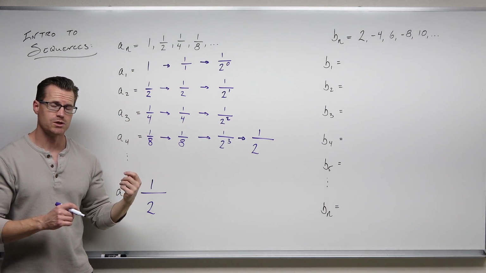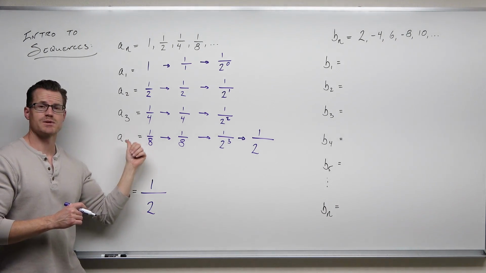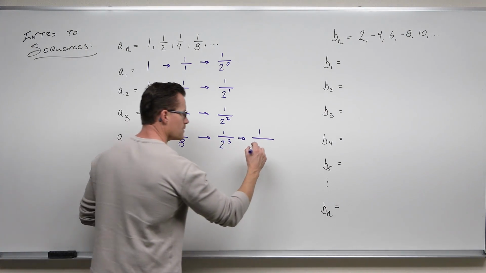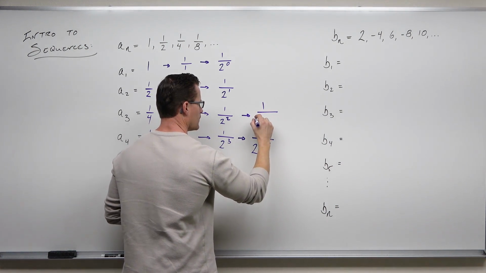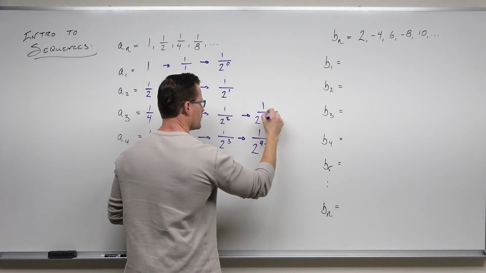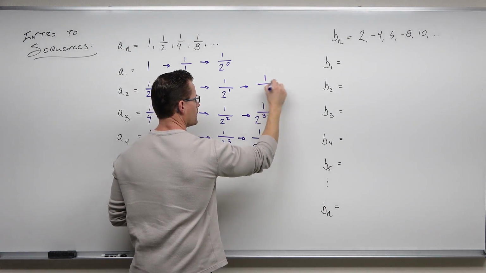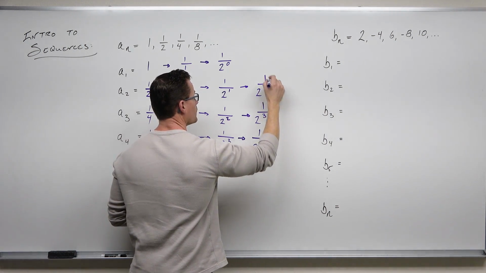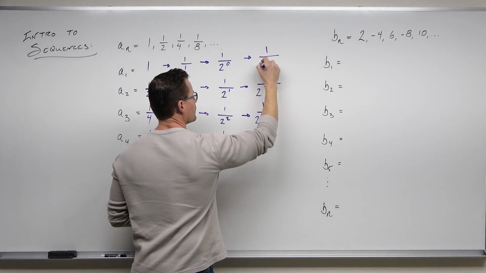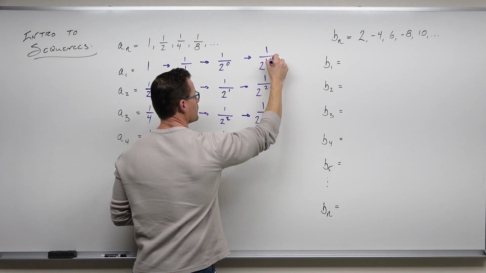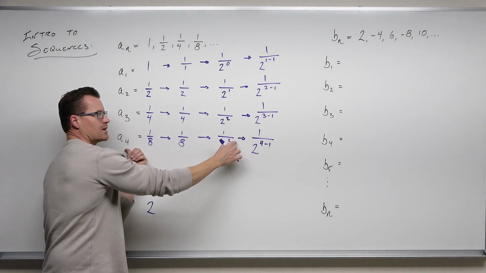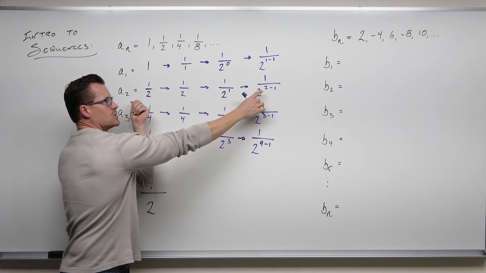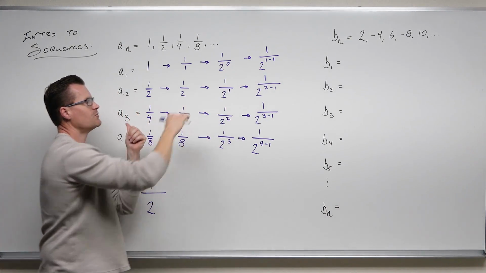It appears that what I'm doing is I'm taking my index and I'm subtracting 1 from it. It looks like this is taking 4 minus 1, giving me 3, 3 minus 1, giving me 2, 2 minus 1, giving me 1, 1 minus 1, giving me 0.